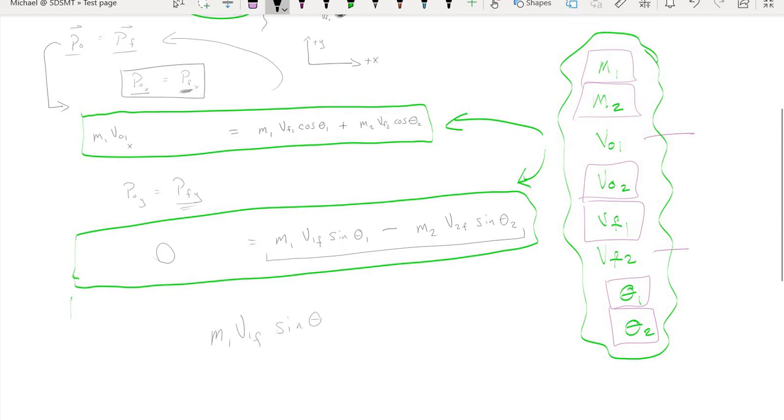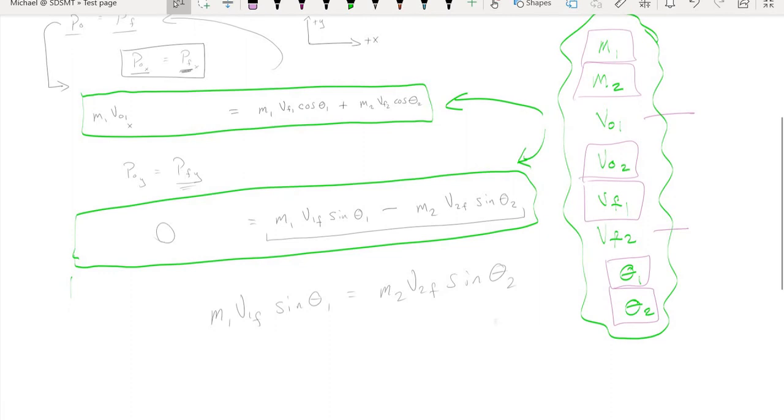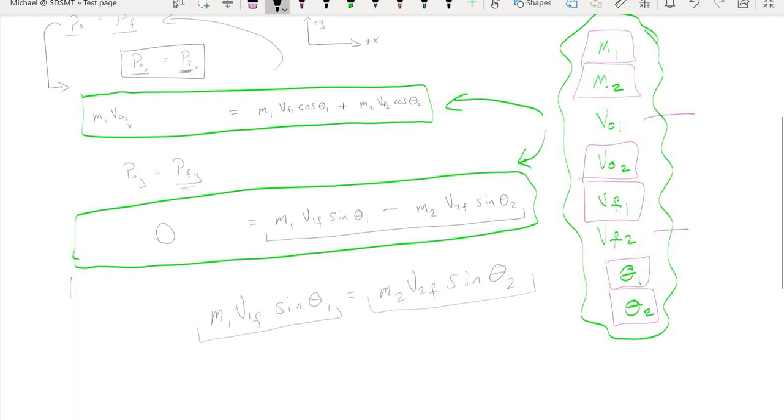And this helps us to gain some information about the relationship between the two billiard balls. We know that whatever mass, velocity, angle combination, those combinations are going to have to equal each other in magnitude.